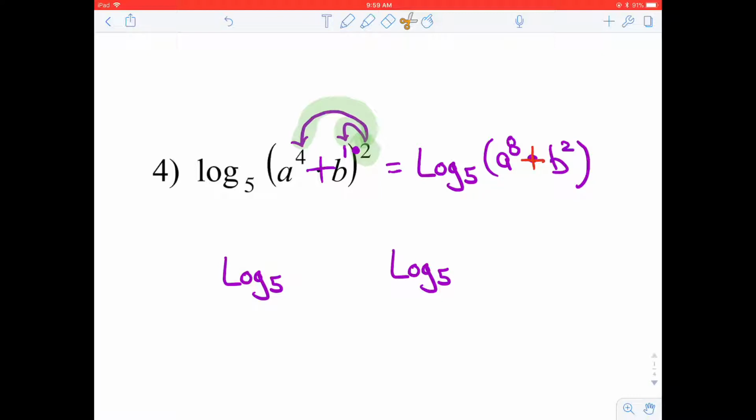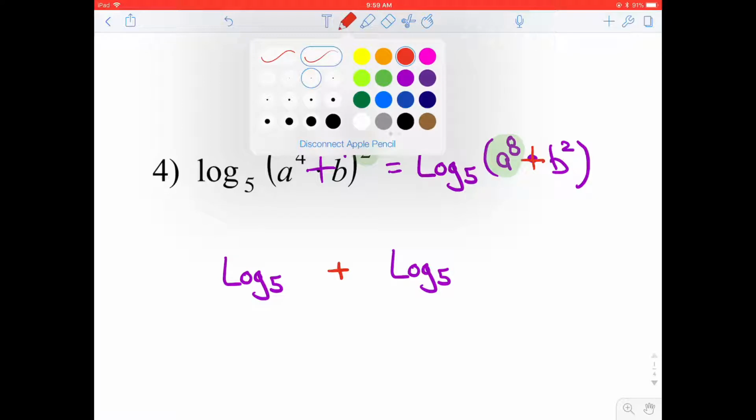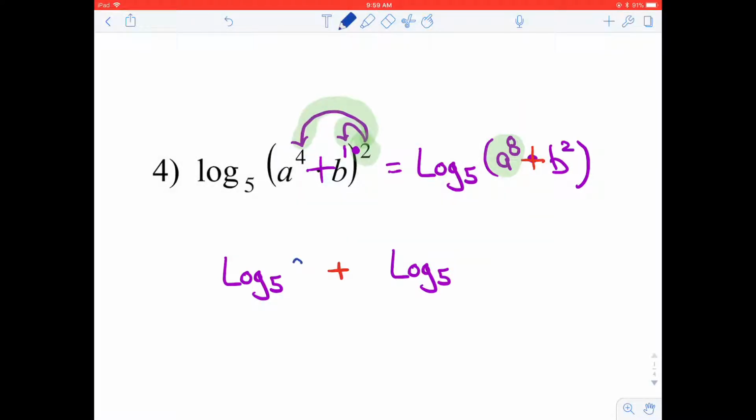I know it's going to be separated with addition, so really if I wanted to I could come down and put a plus there. And then I'm going to move first my a to the 8th and write that. Use a different color. So a to the 8th, and then I'll move the b to the 2nd. So b to the 2nd.